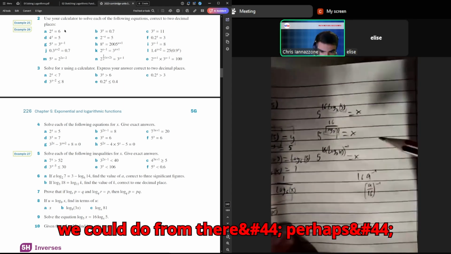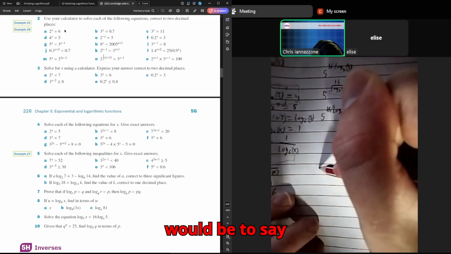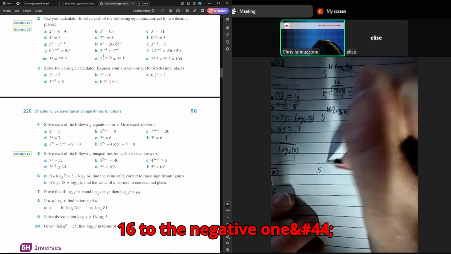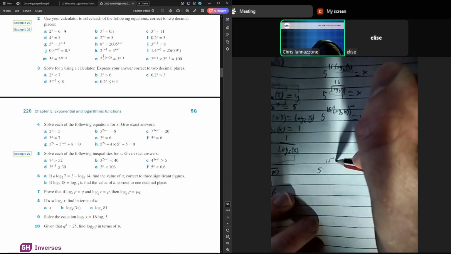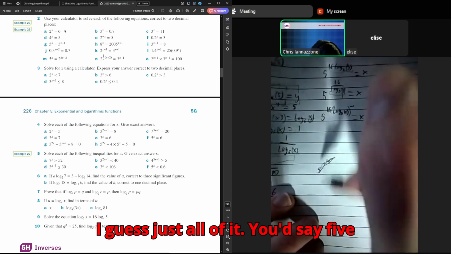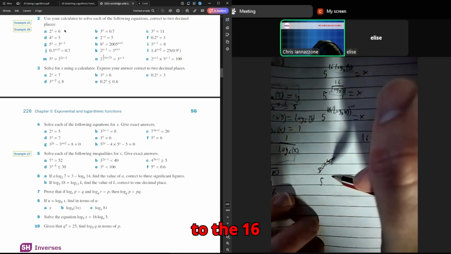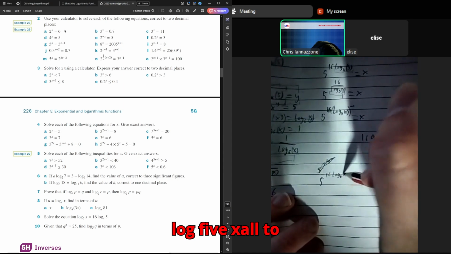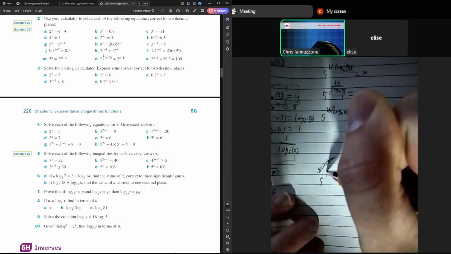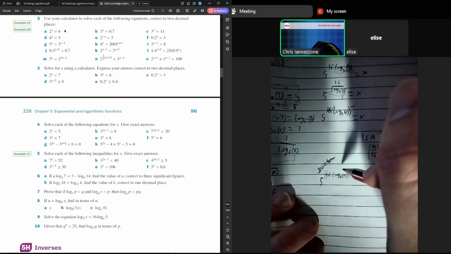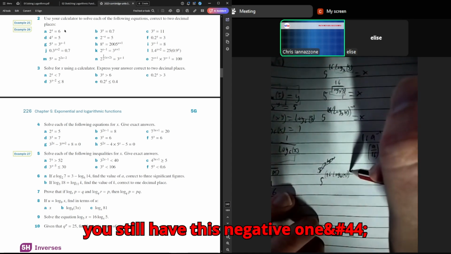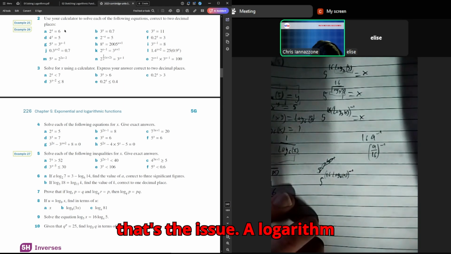So what we could do from there, perhaps, would be to say 16 to the -1, I guess just all of it. You'd say 5 to the 16 log 5x all to the -1. Put this as a power, but you still got this -1, that's the issue.